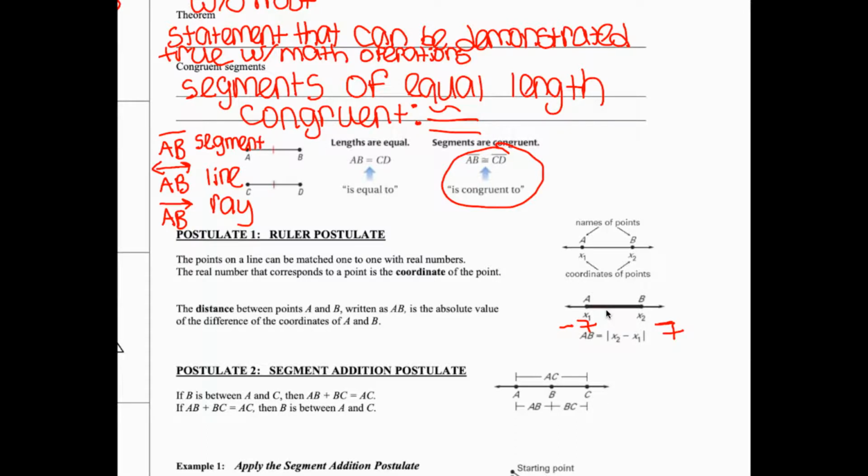If we're going to find the distance, we're going to subtract them, and it's going to be the absolute value of that. So you notice in the subtraction problem, you take x2 first, and then you subtract x1. So in this case, it's going to end up becoming positive anyway when you perform the subtraction.